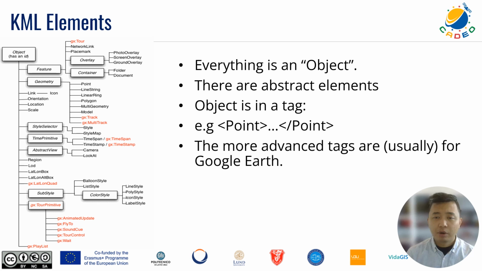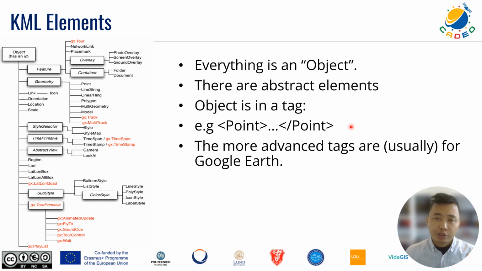Objects in KML are represented within XML tags. For example, the Point tag will enclose the definition of a point object, and the Point tag could represent a specific graphic point on the Earth's surface.